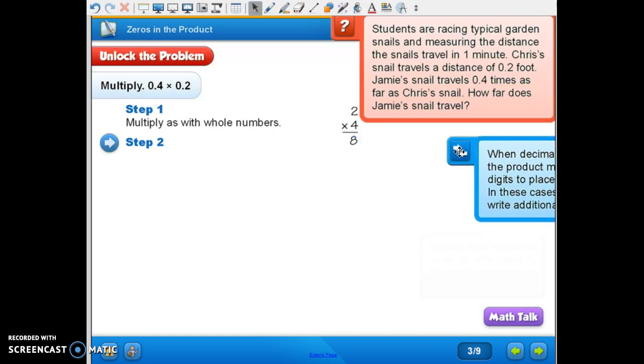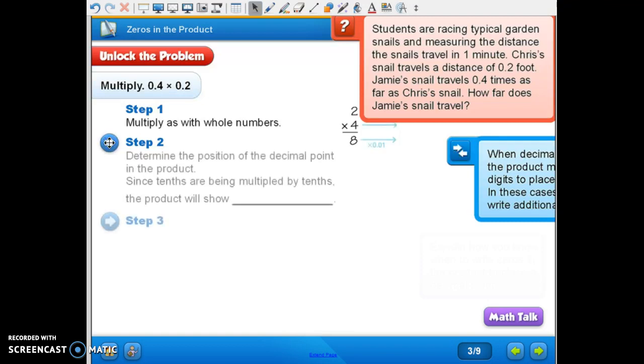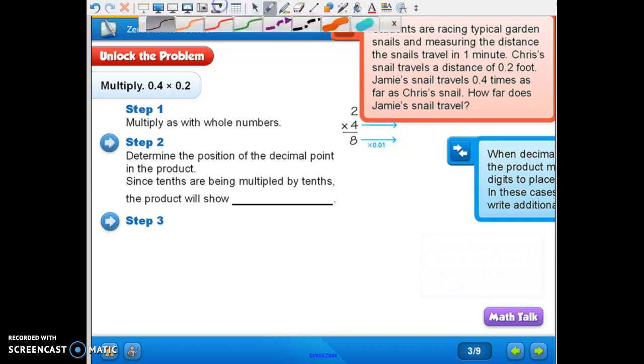So 2 times 4 is 8. Determine the position of the decimal point in the product. Since tenths are being multiplied by tenths, the product will show what? Tenths times tenths is hundredths.